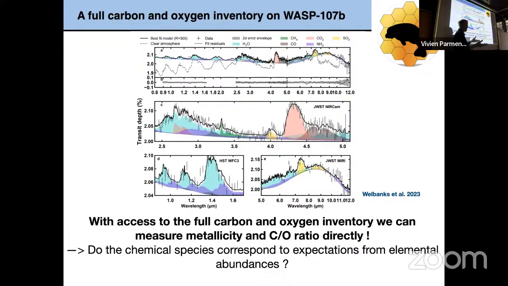The absolute abundance, so the metallicity, is a bit more complicated, but we have, for example, again, the CO2, which has 3 metal atoms, so its abundance is going to go as metallicity to the cube, whereas the water goes as simple metallicity. So they don't have the same relationship with metallicity, and that allows us to break some degeneracies that exist on metallicity.